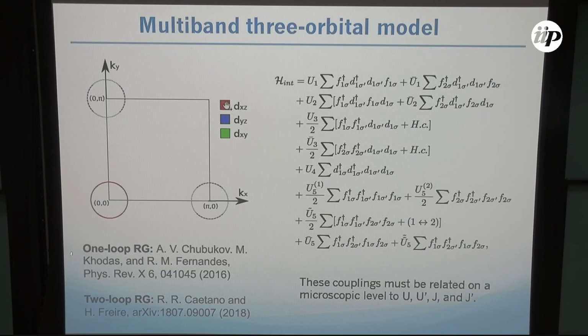Actually, they used a parquet approach, but this is equivalent to the one-loop RG calculation. And what we are going to do now is to calculate using the same model, but using a two-loop RG scheme. So this is the parameterization that we use. And these couplings must be, of course, related on a microscopic level to both the Hubbard U and also the Hund's coupling.